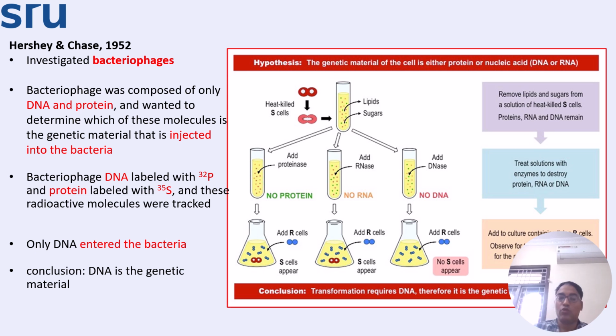Further, to confirm it, a few years down the line, in 1952, Hershey and Chase came up. They took bacteriophages. As you know, a bacteriophage is a virus which infects bacteria. To explain it further, the heat-killed sample has protein, RNA, lipids, sugars.